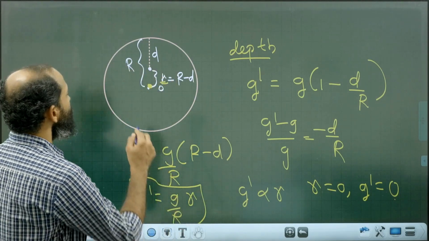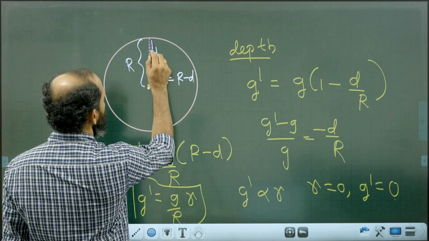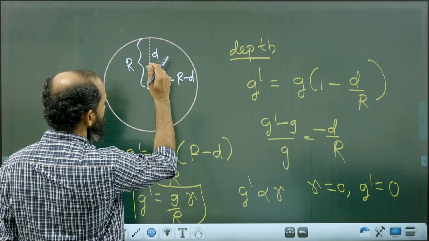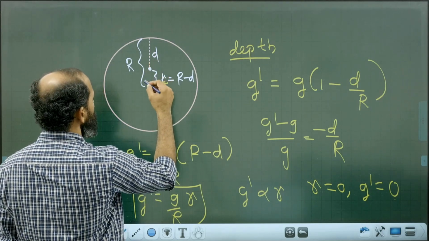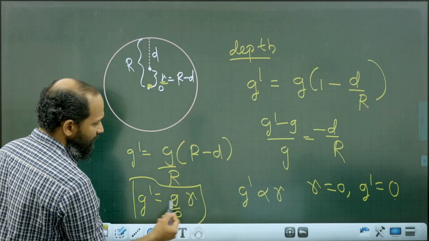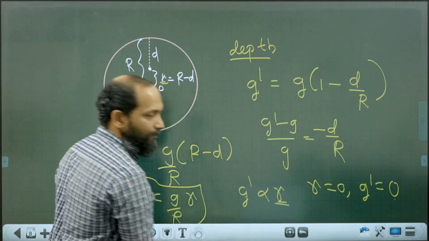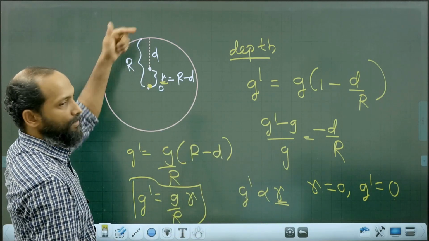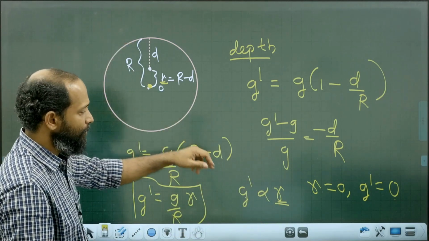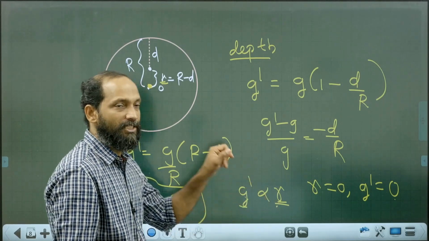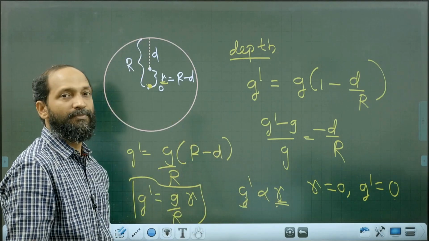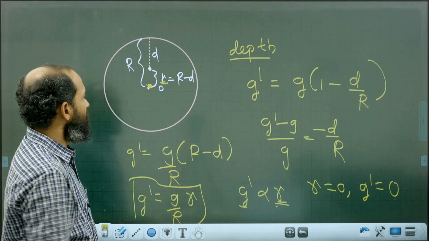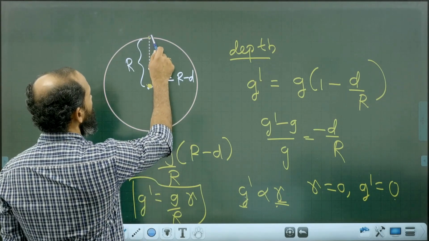And as you move away from center to surface, the value of g increases because g is directly proportional to r. The variation of g with the radial distance measured from center to surface is linear, and that becomes maximum at the surface.